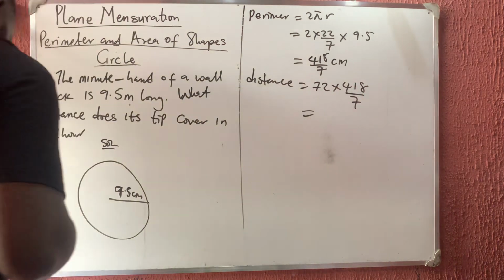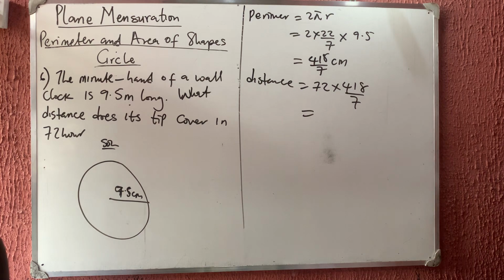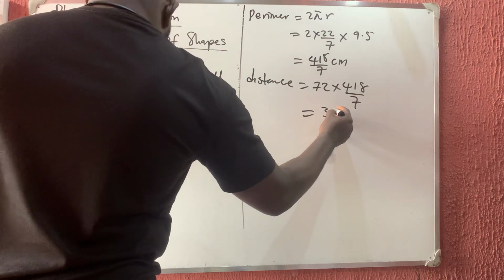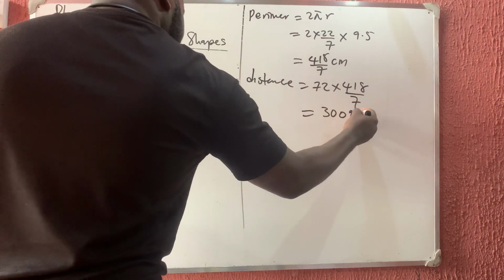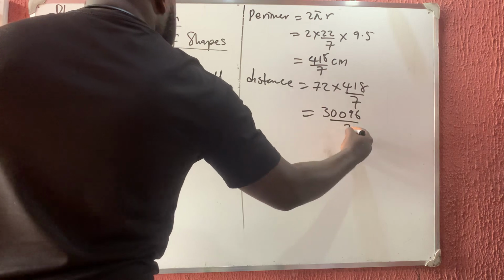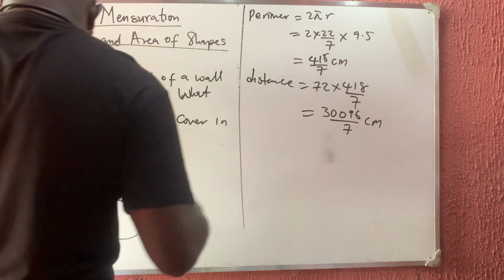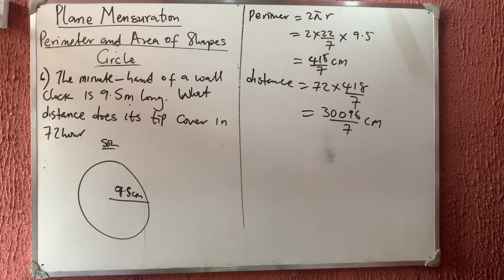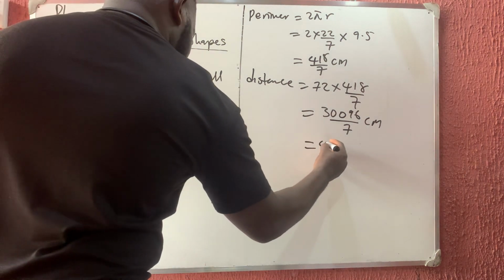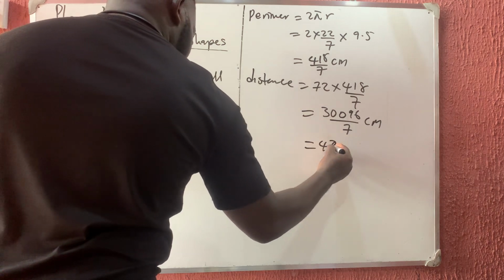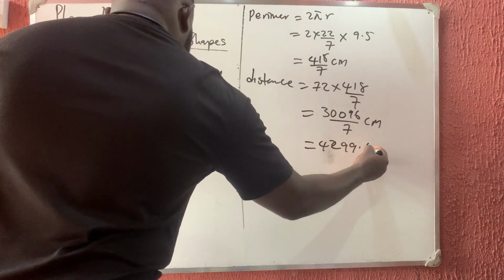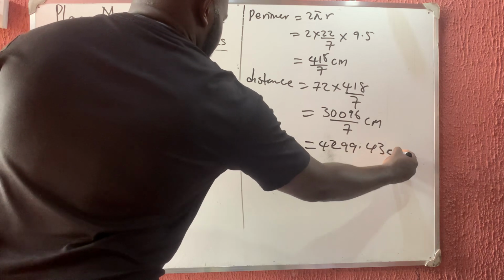So I'm having 30096 over 7 in cm, which is approximately 4299.43 cm.